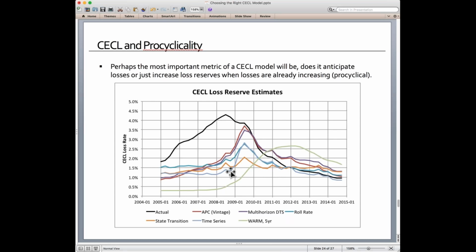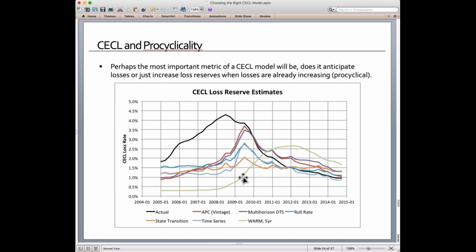Procyclical means that the loss reserve peaks at the peak of the economic crisis, and so procyclicality means that it would create a liquidity crisis. If you have to add to reserves at the peak of the crisis, you'd have a funding problem. And so if the only model you have available is a time series model, you might be saying that CECL is going to be a problem.